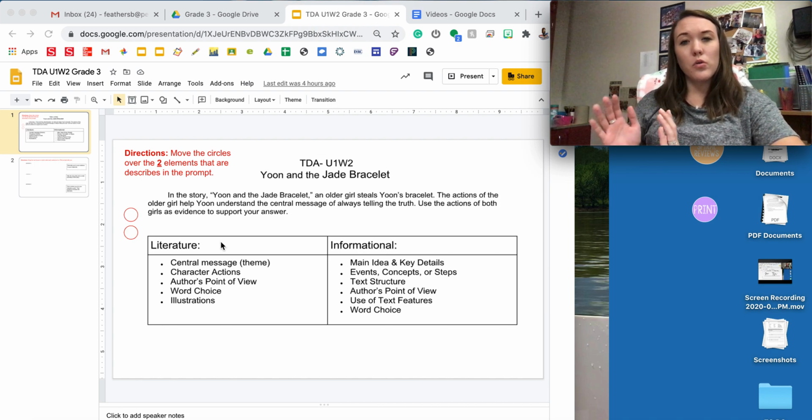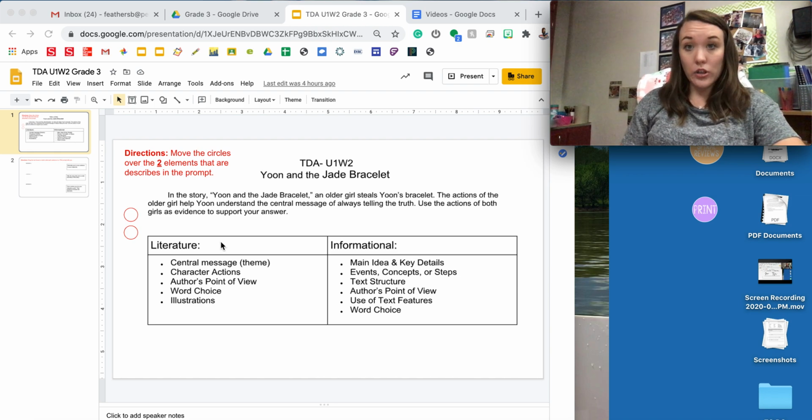We use those 2 words kind of interchangeably. They mean kind of the same thing. Character actions, or what the characters are doing and saying. Author's point of view, so how the author thinks or feels about a subject. Word choice, so the choice of words the author uses, like really strong word choice we might be taking a look at. And finally, the last one is illustrations or pictures.